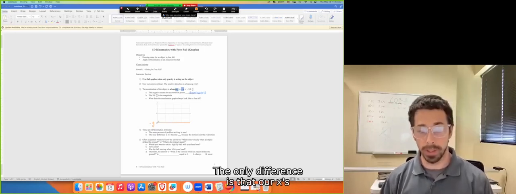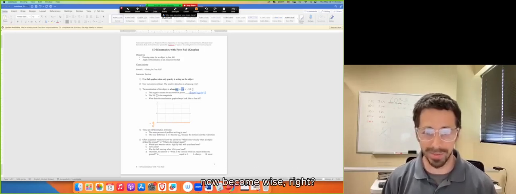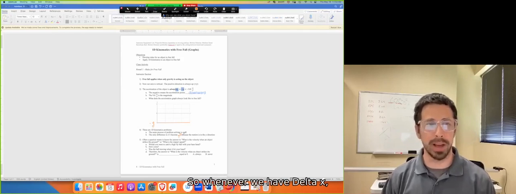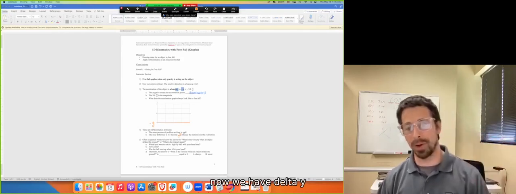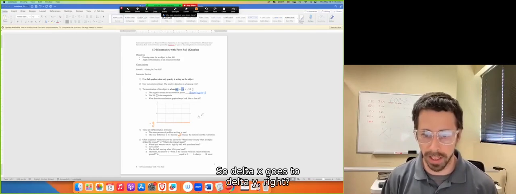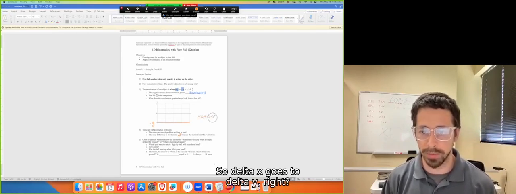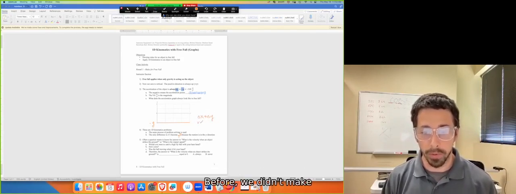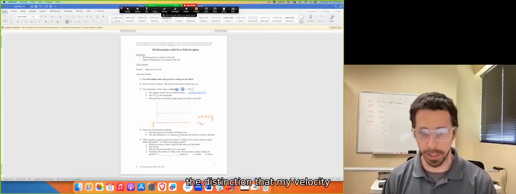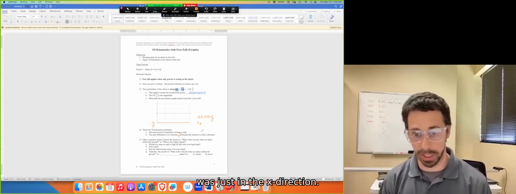The only difference is that our x's now become y's, because the motion's in the y direction. So whenever we have delta x, now we have delta y. Before, we didn't make the distinction that my velocity was just in the x direction.